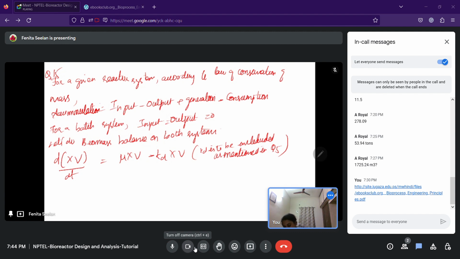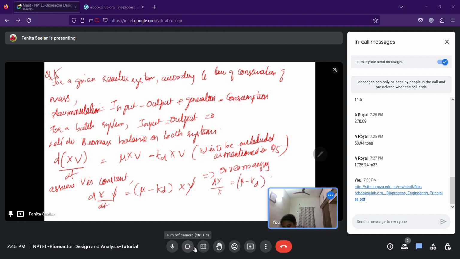So now if we assume V is constant, then dx by dt is equal to mu minus kd times x. On integration, dx by x equals mu minus kd into dt.